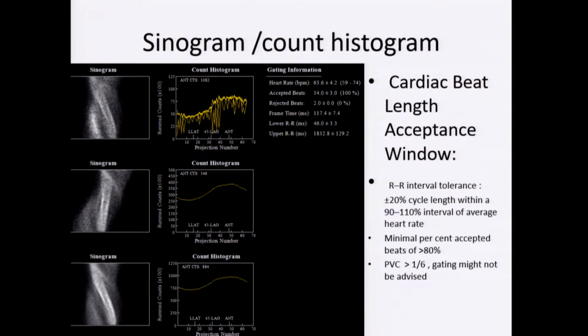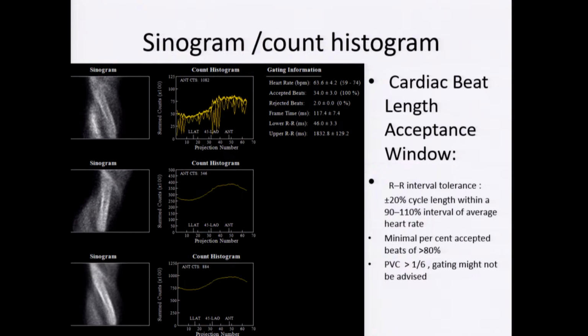And if the heart rate is very variable, end-diastole in the R interval of a heart rate of 60 is going to be very different from a heart rate of 100. So by convention, you accept about 10% each side of the average heart rate, meaning if the heart rate is 70, you will accept any R interval roughly between 90 to 110% of the average interval.